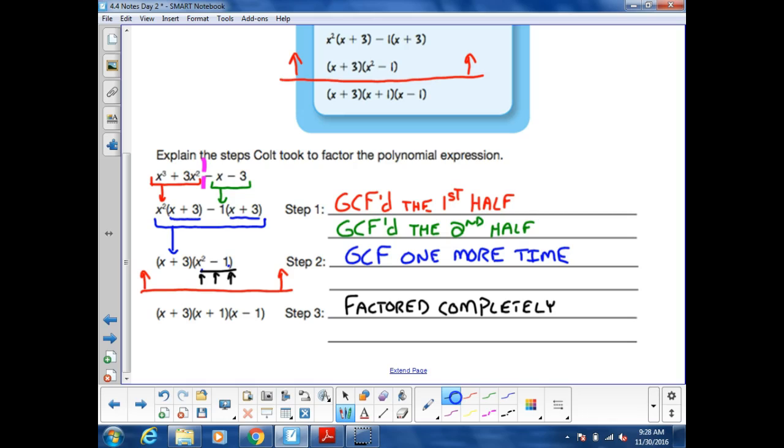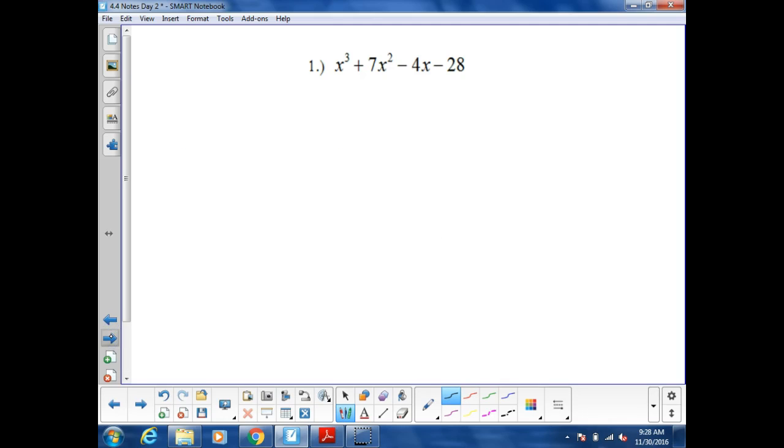Let's try another one, which is number 1 on the back side of your page. Okay, x cubed plus 7x squared minus 4x minus 28. First step was what? So really the first half of the first step was factoring the first half of the problem, right?